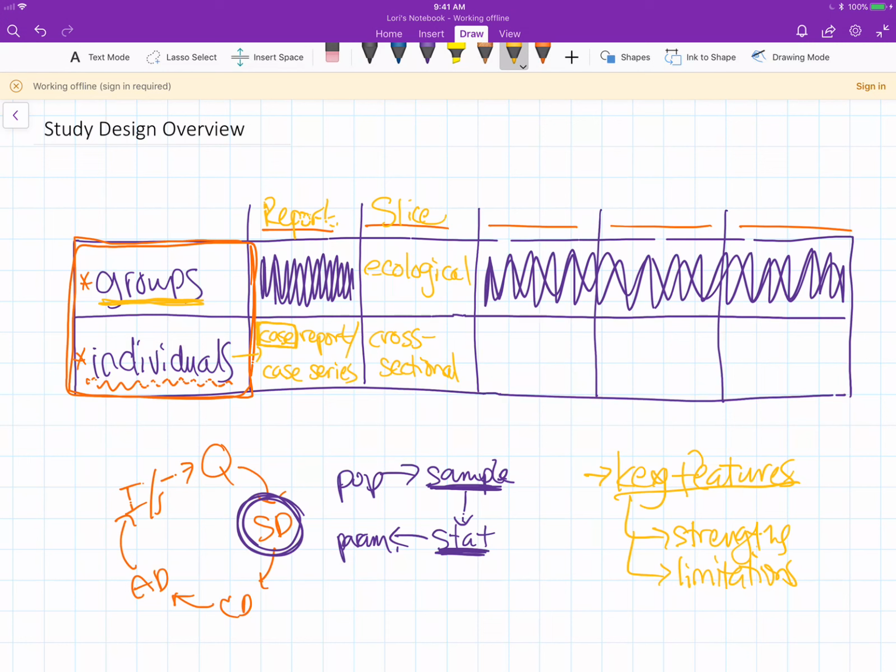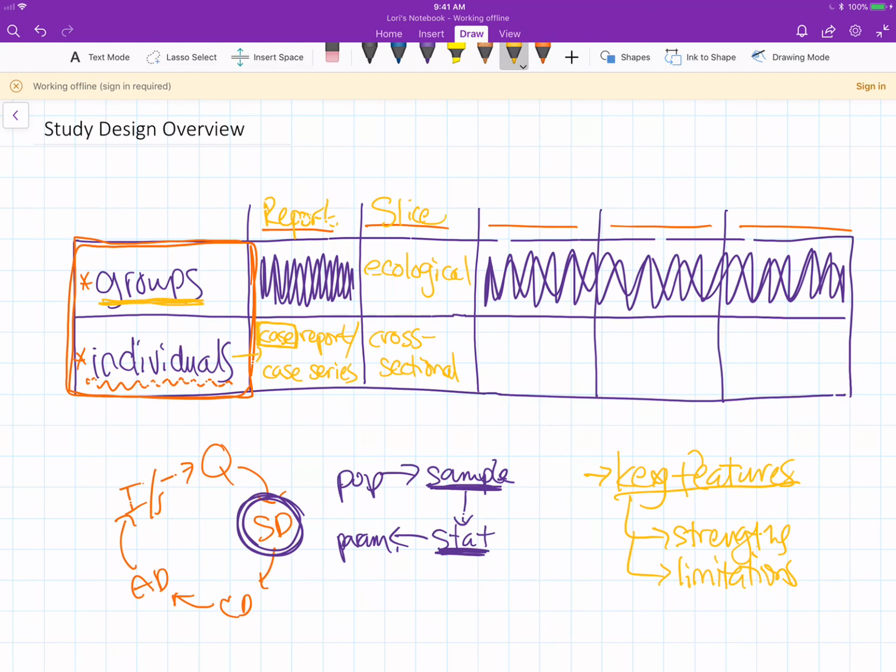And ecological studies can also be other types of study designs that are not cross-sectional. However, when somebody in the health profession says an ecological study design, this is almost always what they're referring to: an ecological cross-sectional study. And so we're studying groups of people, and you see this a lot when we're, say, comparing cities to each other or comparing countries.